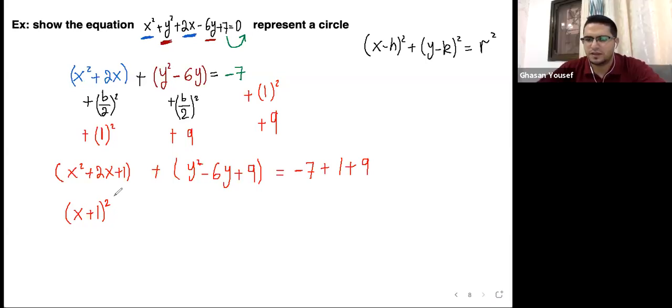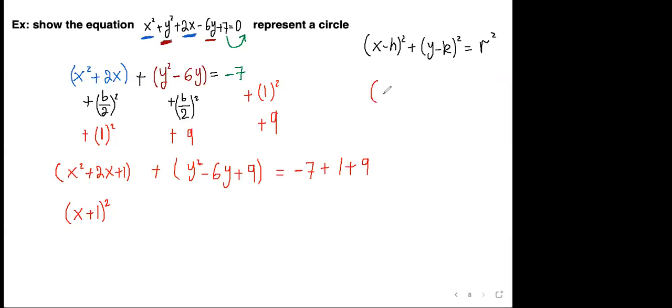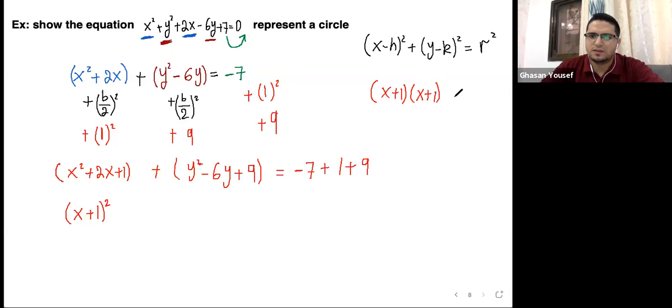This is correct, Eric. Also, Shab, you are correct. x plus 1 times x plus 1 is actually equal to x plus 1, everything squared. So the factor for this one is x plus 1 squared.